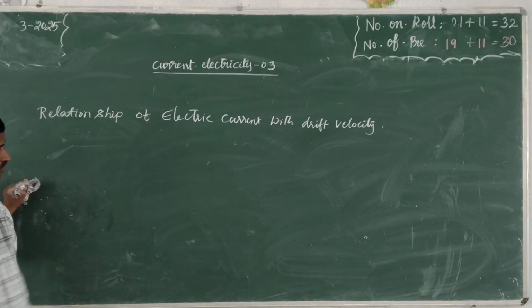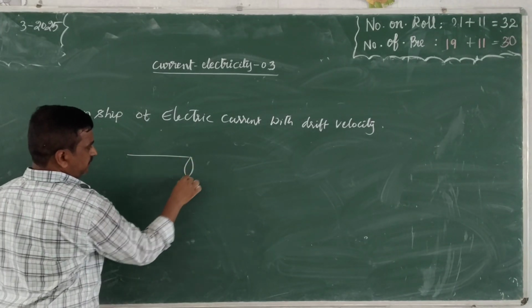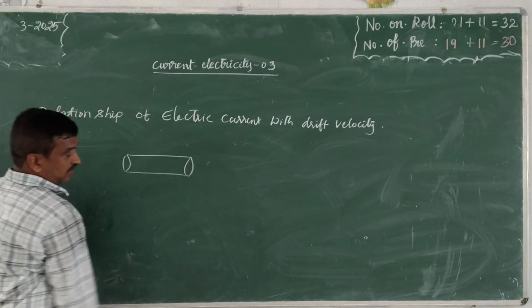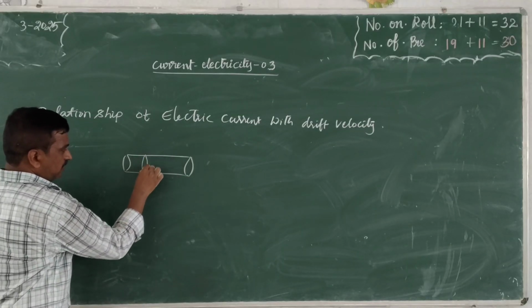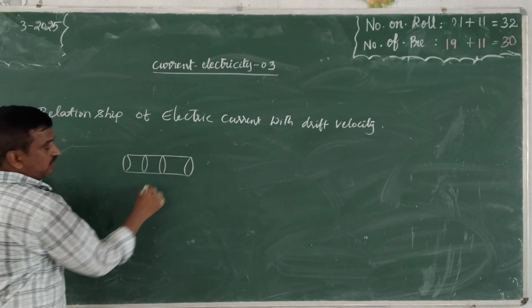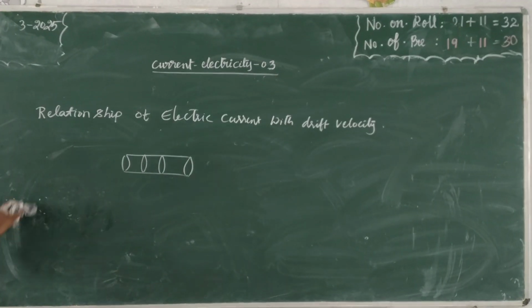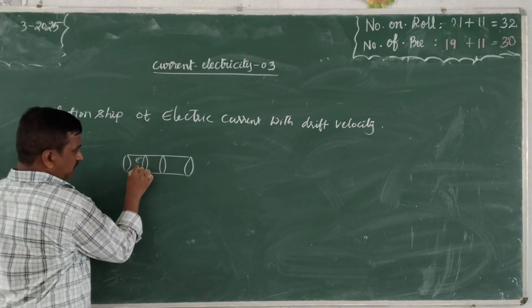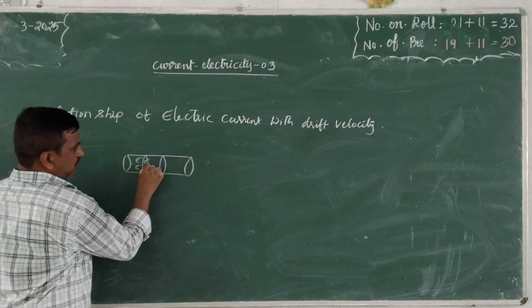See here, for example, it is the conductor. We can select some region here, first one, second one. In this region, electrons are moving from here.